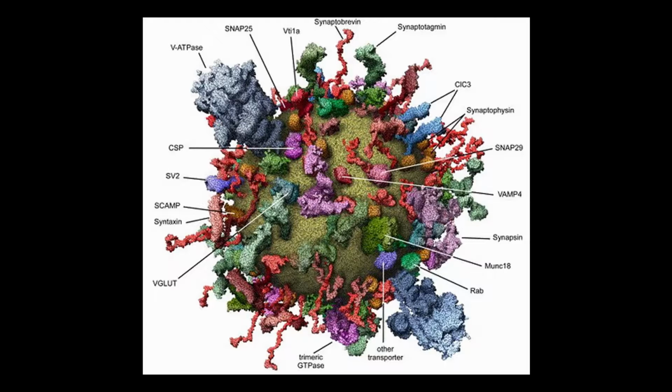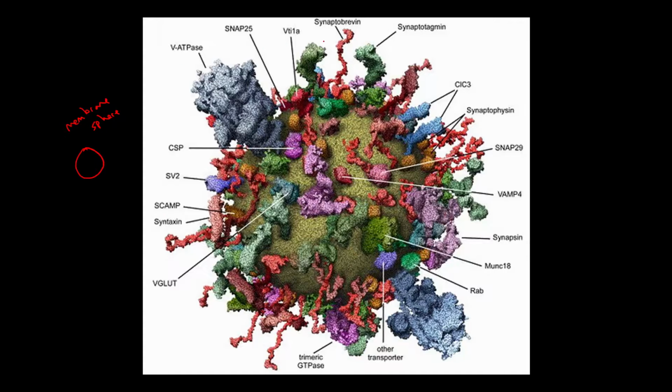This is a cartoon of a synaptic vesicle. A synaptic vesicle, remember, is a membrane sphere containing neurotransmitter. When I draw it like this, it looks pretty simple. But in fact, there's many different proteins on it. All these proteins are going to be very important for regulating the release of neurotransmitter.